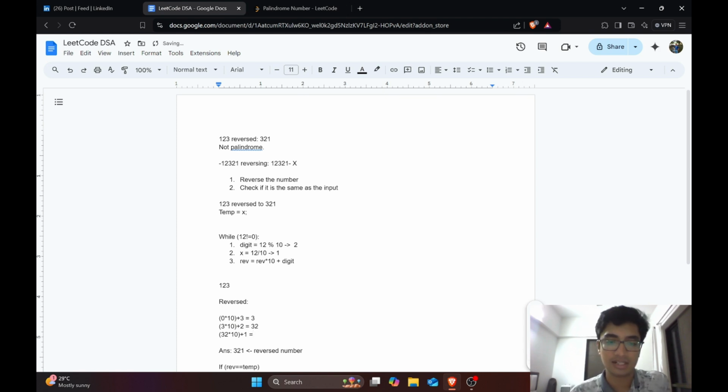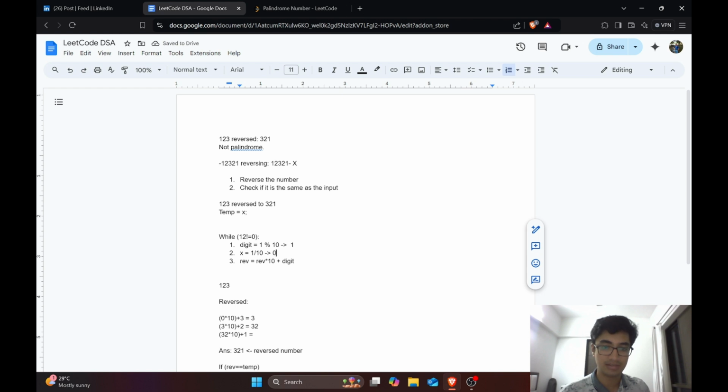Look at the third iteration. We'll do the similar steps. This is x now. Here we have the third iteration. So the digit is 1, the remainder we get is 1. x is equal to 1 divided by 10, it is 0.